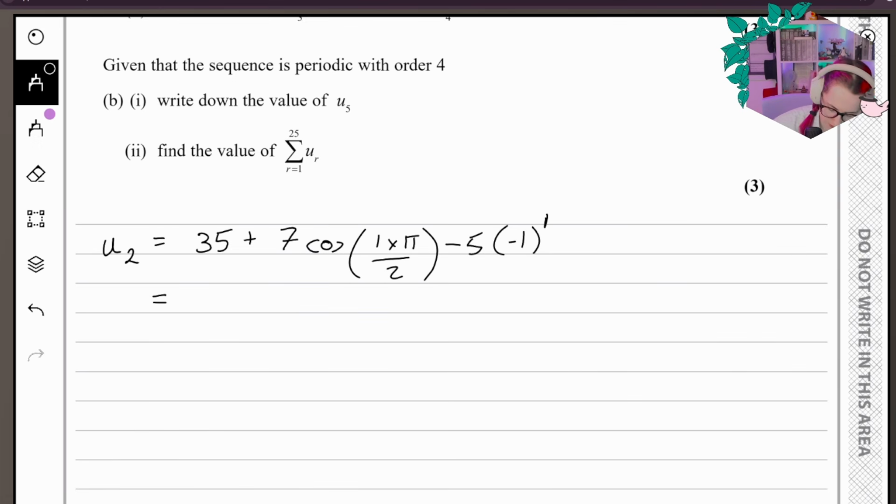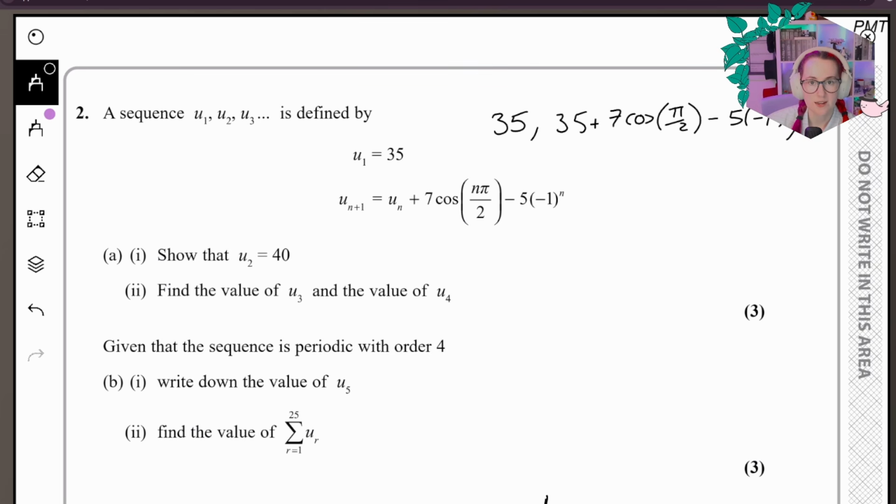So cos of pi over 2 is something that we probably should know, but I've forgotten it, it is 0. So minus 1 to the power of 1 is minus 1, so that minus 5 stays as it is. So that's 35 plus 5, so U2 is 40.